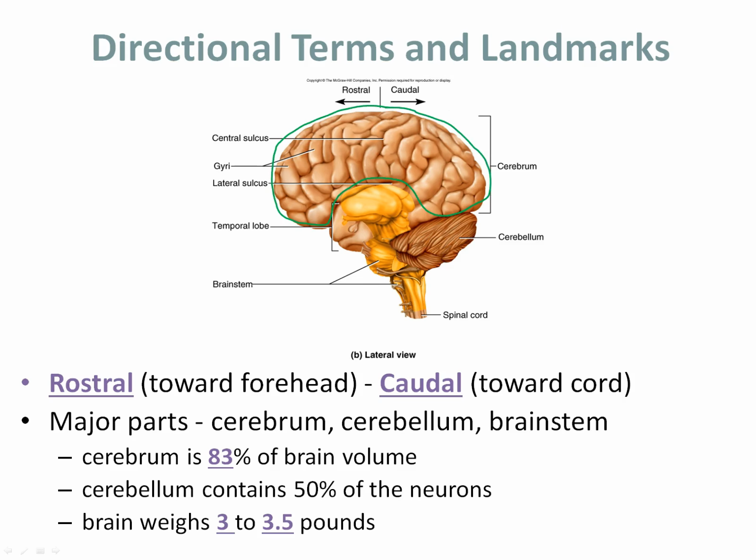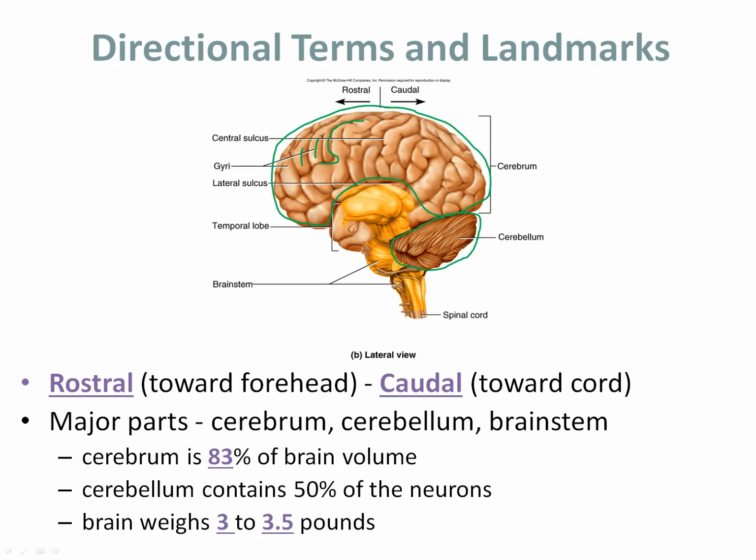The cerebrum has ridges called gyri and grooves that we call sulci. Another major part of the brain is the cerebellum, which has much thinner gyri. It looks like it's kind of striped or hair-like.